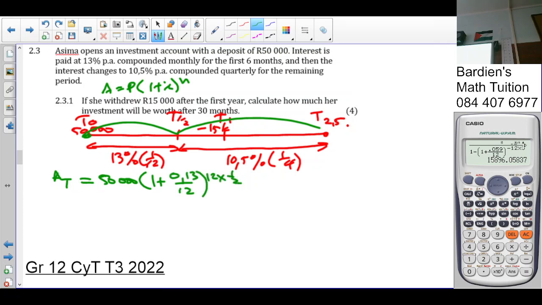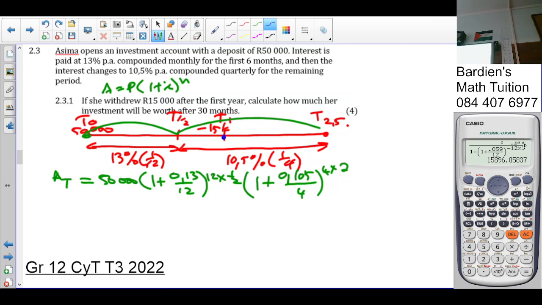Half a year, or 6 over 12, or 0.5. Then the interest rate changes to (1 plus 0.105 over 4) to the exponent 4 times, and how many years is it from half a year to 2.5? 2 years.